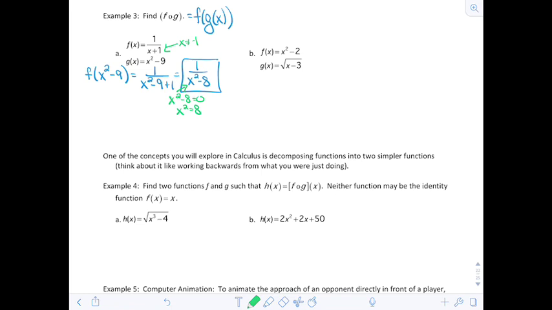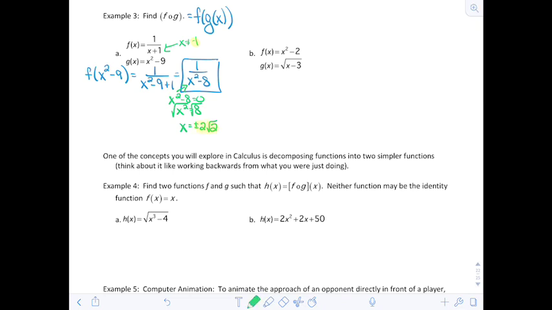When we're solving a square root, remember we need 2 solutions. So this will give me x is equal to positive and negative 2 root 2. So we actually have 3 restrictions: negative 1, 2 root 2, and negative 2 root 2.